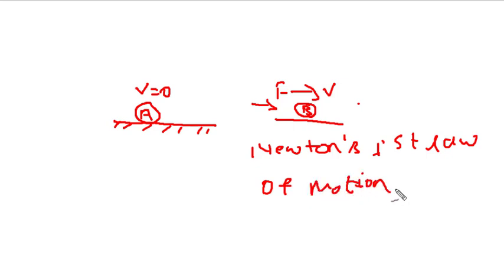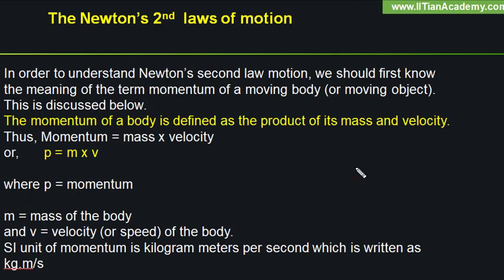Now, here we will study Newton's second law of motion. Before we proceed, there is one term called momentum. We have to understand momentum. Momentum is basically for a moving object. For example, the moving object B has a mass m, and its velocity is v.